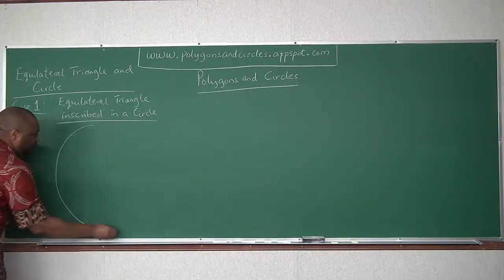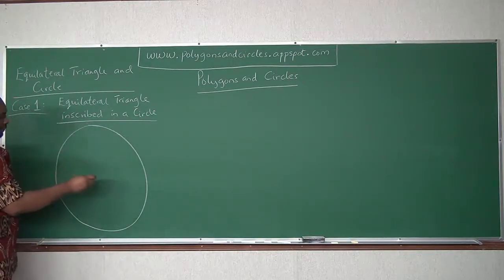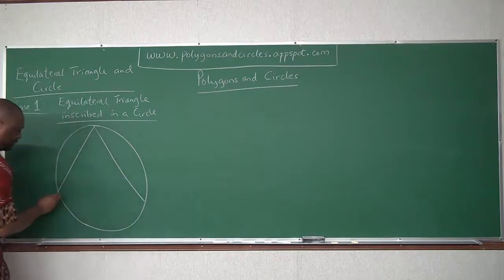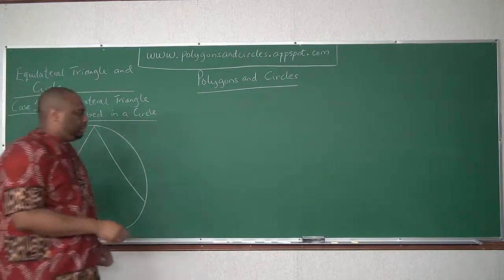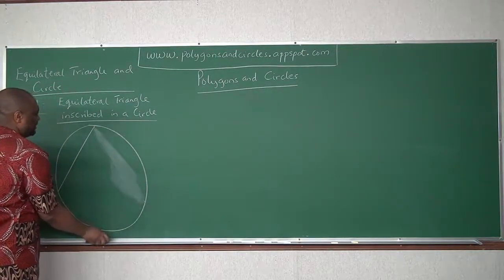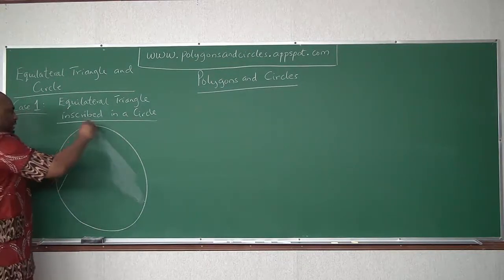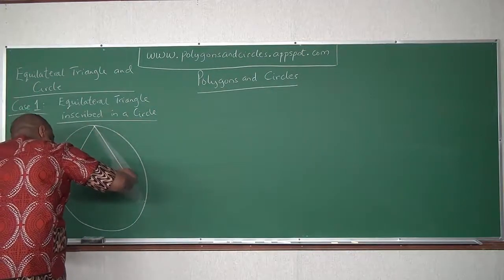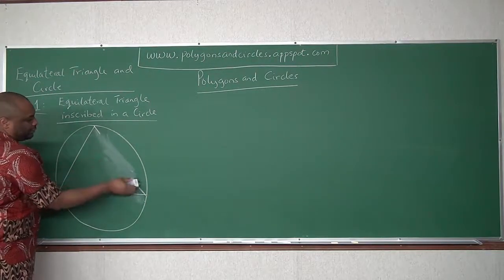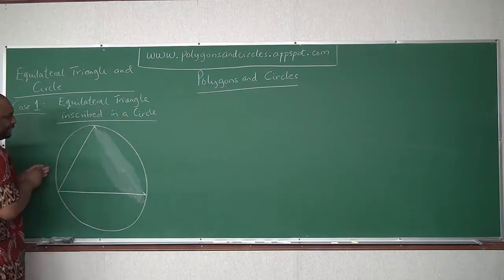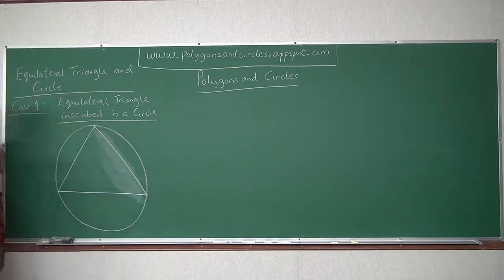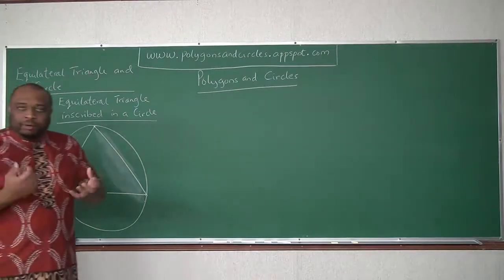If we have a circle and we have an equilateral triangle inscribed in the circle, the inscribing tells you that the vertices of the equilateral triangle all touch the circumference of the circle. These three vertices.